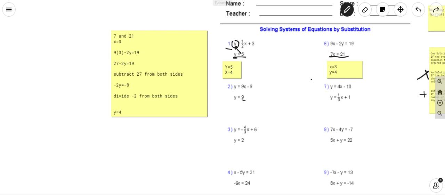So in this equation, we can see that y equals 9, and we can plug it in here. Substitution. Once we take y and plug it in, we can say 9 equals 9x minus 9.